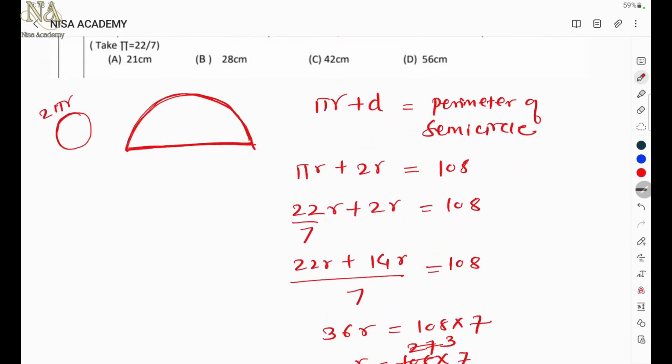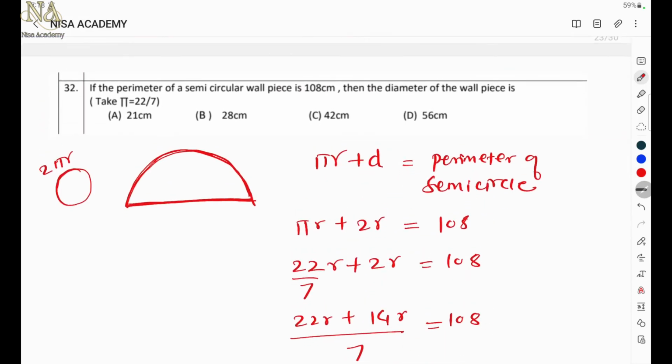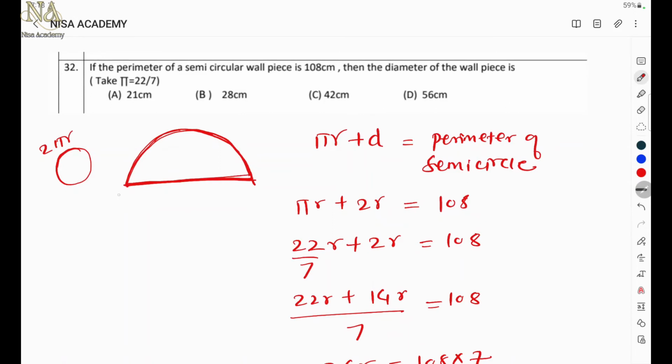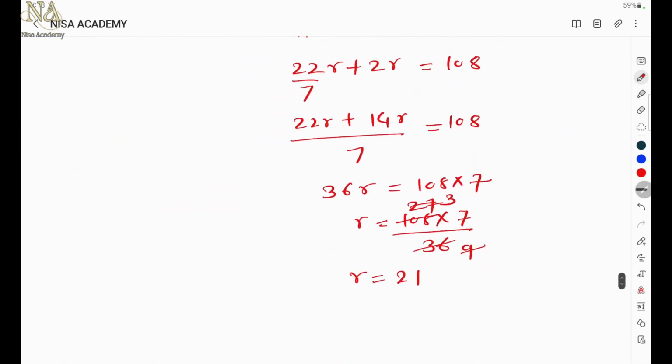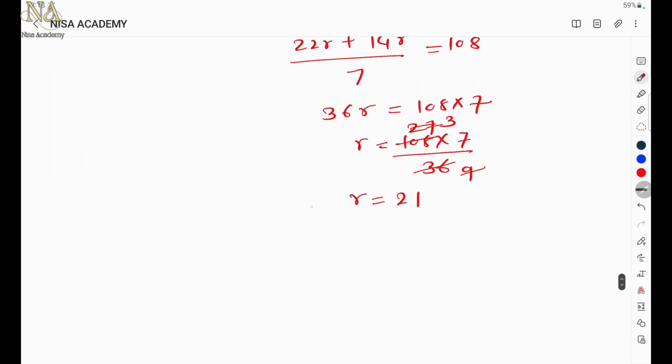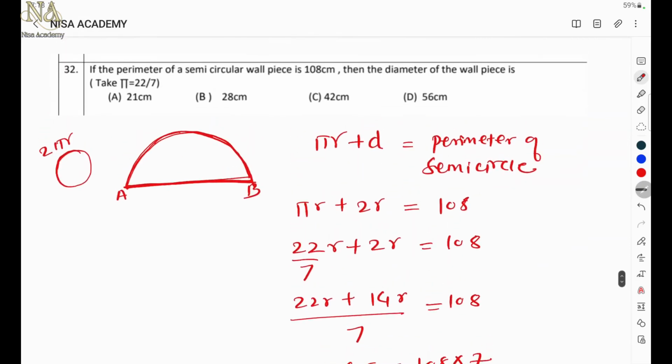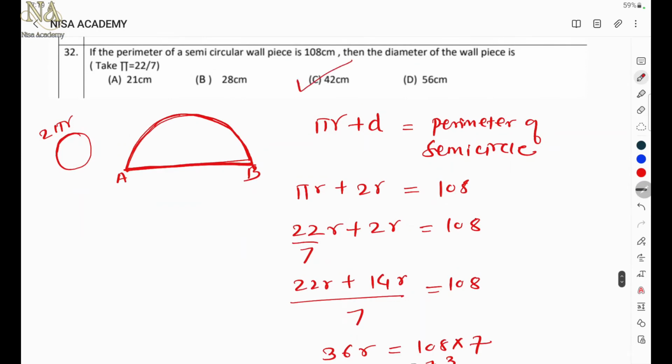But we have to find the diameter. Suppose I name this AB; we have to find the diameter of the wall piece. R is 21, so D is 2r, which is 2 into 21, which is 42 centimeter. So the answer is C, 42 centimeter.